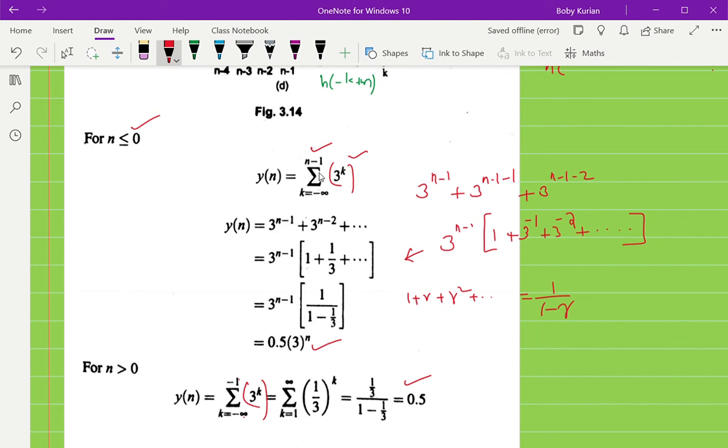Whereas if n is greater than 0, the second signal is shifted to the right, and the summation will be from minus infinity to minus 1. So we will be getting two different values for those two summations.